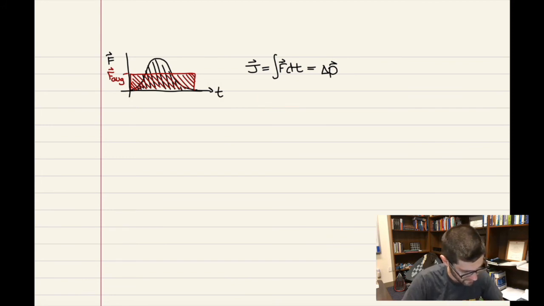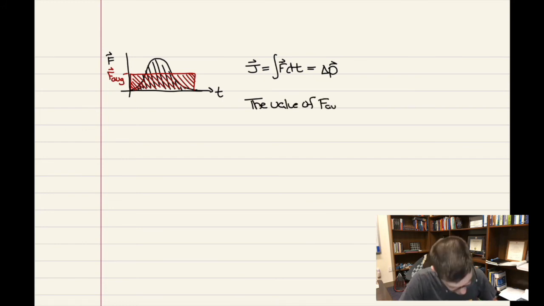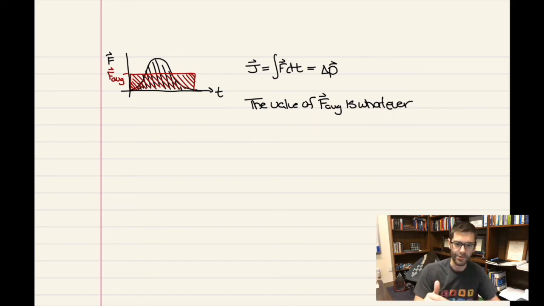So I'm not going to say we select the value of F average in this case. It is whatever value ensures that the area underneath that red rectangle is the same area underneath your weird shaped function.